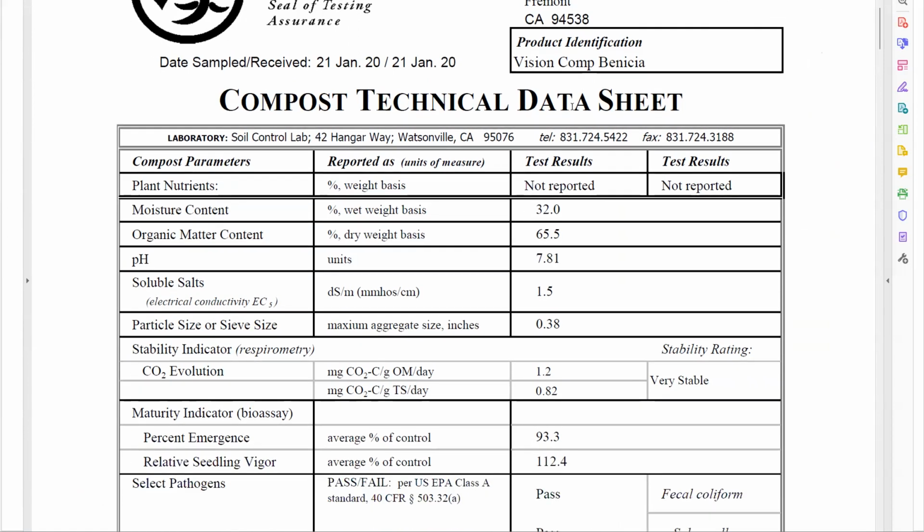When this facility sent off its compost, it had a moisture content of 32%. It had an organic matter content of 65.5%. Its pH was 7.81, which is a little bit high, but decent.